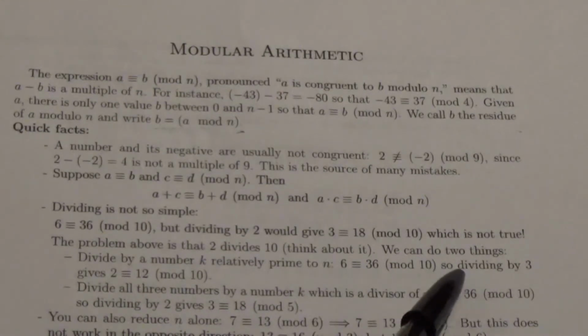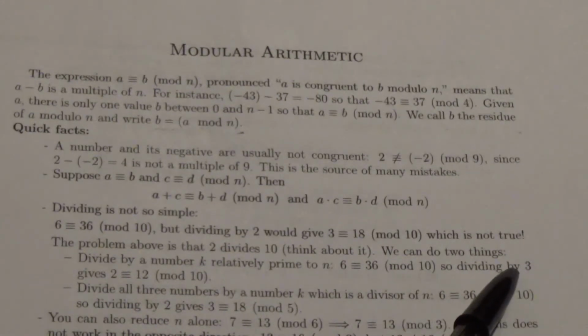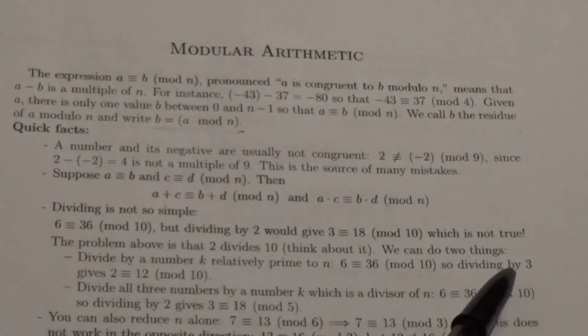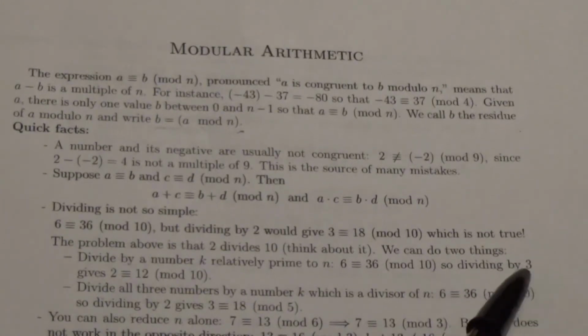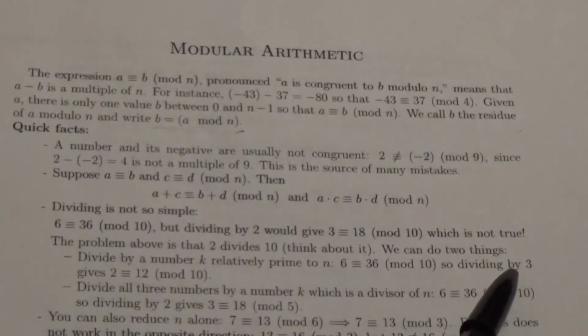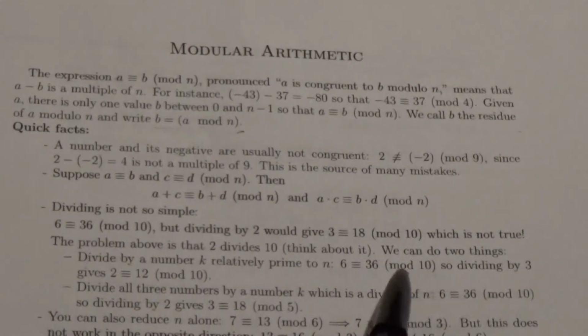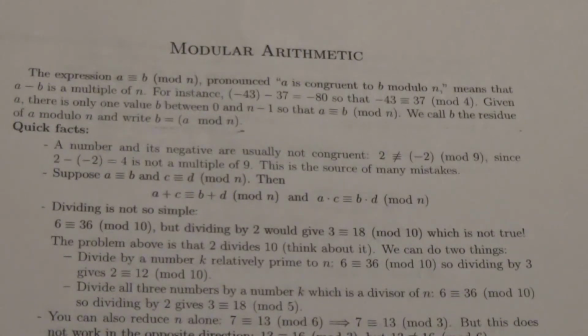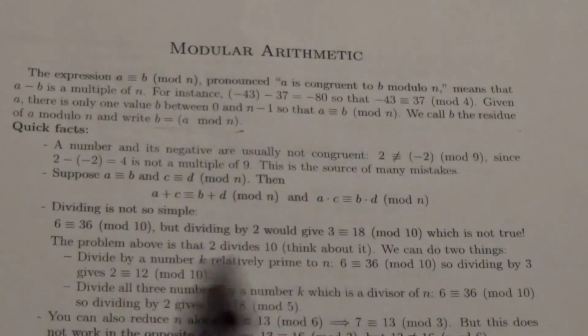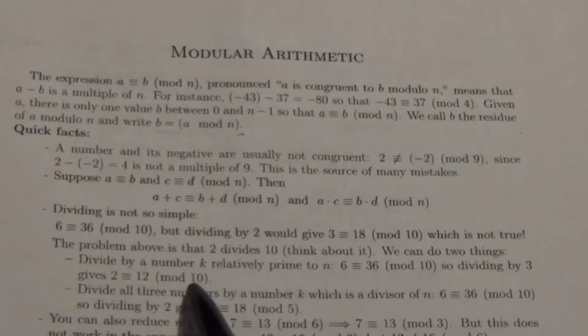For instance, it says dividing by 3 would work successfully, because 3 and 10 don't share a common factor. After all, 3 is prime, and it doesn't divide 10. And so that one does work. We get 2 is congruent to 12 modulo 10.